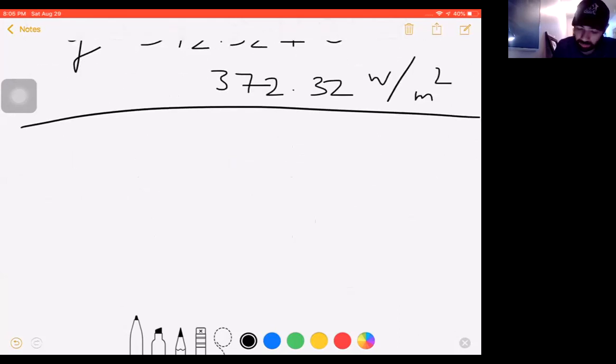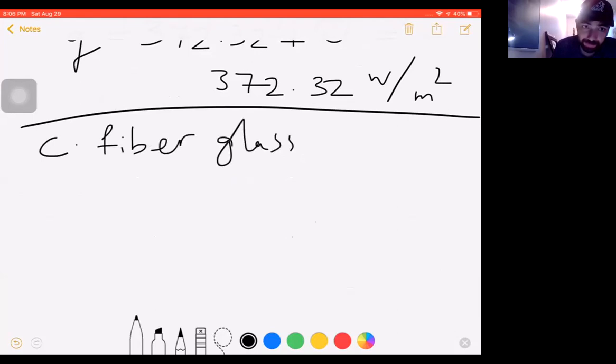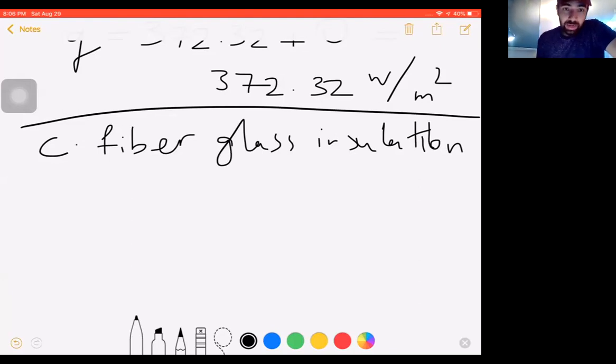And again, for the fiberglass insulation, we do only have the conduction term.